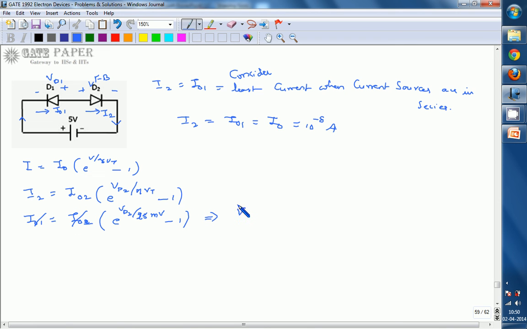From that you can write Vd2 as Vt natural logarithm of 2.